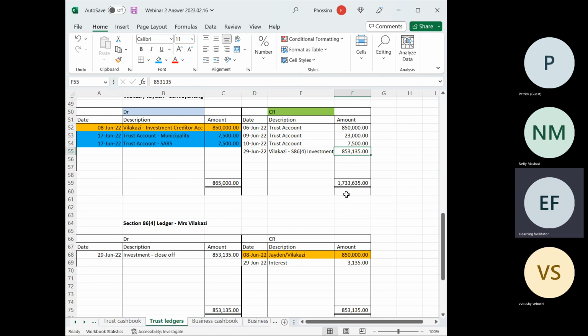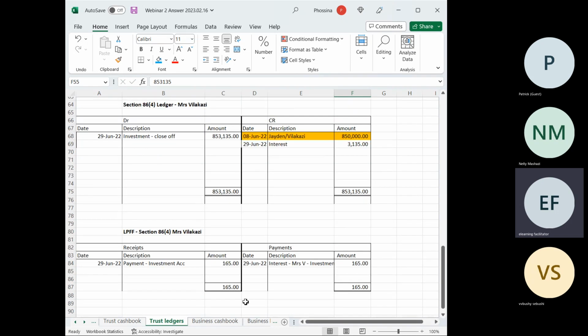So our matter is like the money we've closed off here, and on our Fidelity Fund ledger, we have recorded the interest, and then the bank is automatically paid the 165. So as you can have a look, this account is also closed off because we have received and paid.